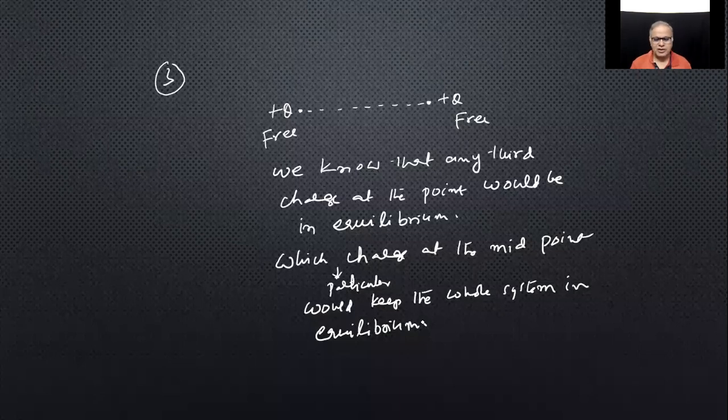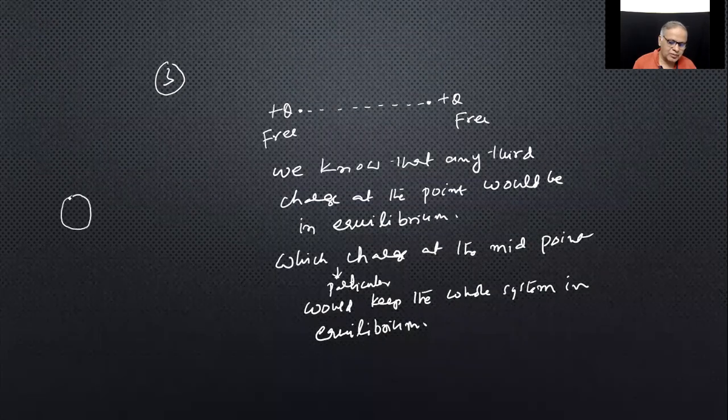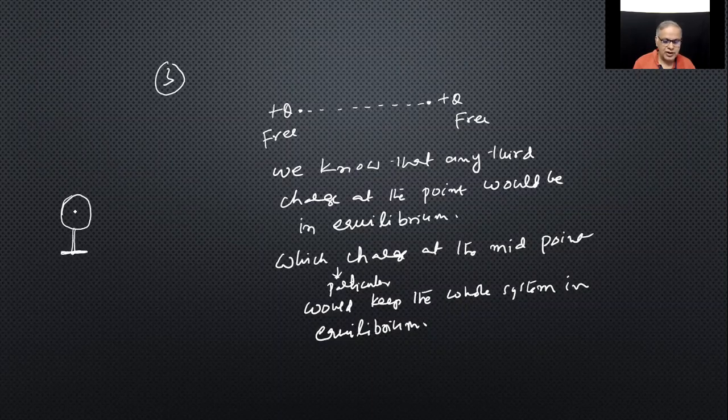When I said plus q are fixed, immediately a physics student should think that if they are fixed, some other force is already acting on them apart from this kq by r square, isn't it? Yes, sir. How do you get fixed charges? Not a big deal. You can have one metal sphere charged and placed on an insulating stand, a small sphere, and another small sphere at some large distance.